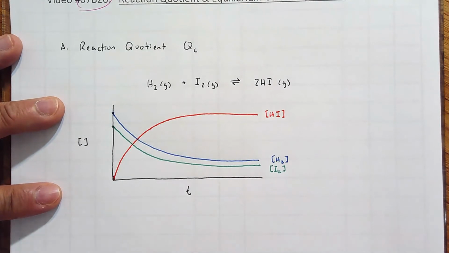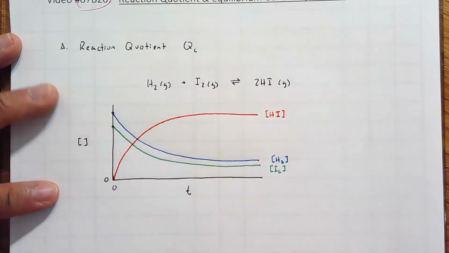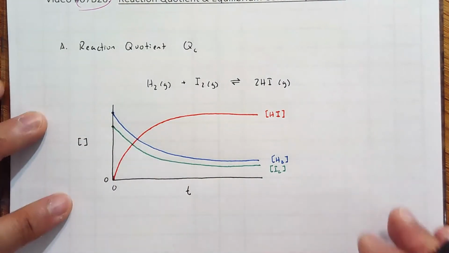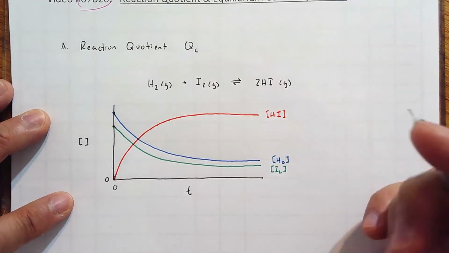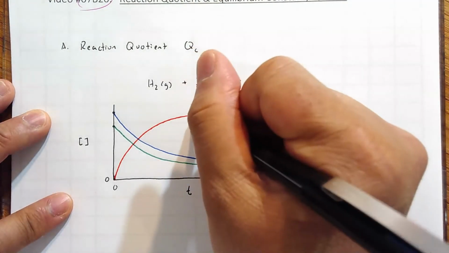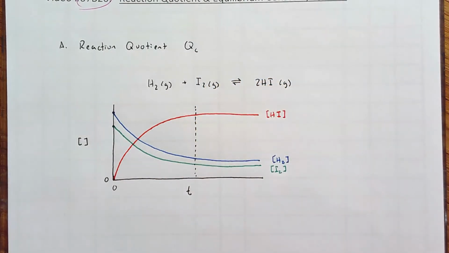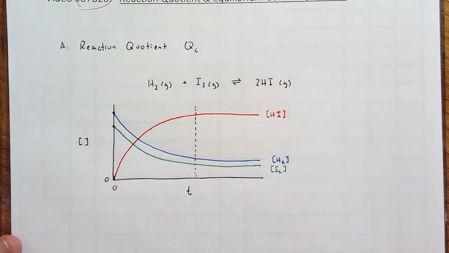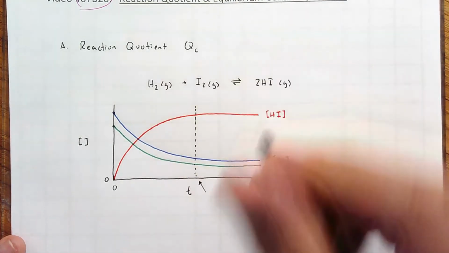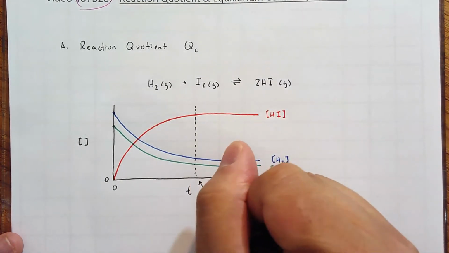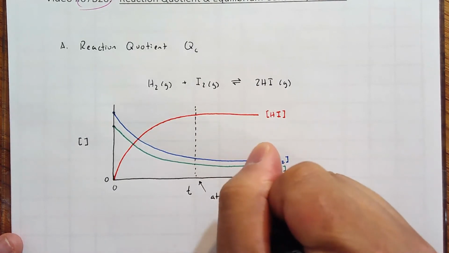It looks like here we have a lot more HI at the end than we do of the 2 reactants. We discussed that the reaction reached equilibrium around this point where the concentration started to become steady, or plateau. Let's just call this at equilibrium now. Let's drop the word dynamic.